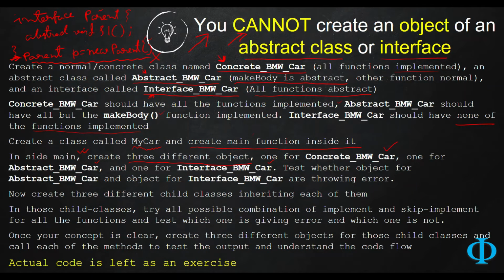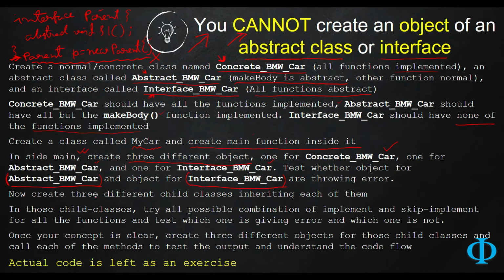Following this type of object creation syntax, try to create objects of all three: concrete, abstract, and interface BMW car, and test whether the abstract BMW car object and the interface BMW car object throw an error or not. As I have told you, you cannot instantiate them or create an object. These two objects are supposed to throw an error, so just check whether they are throwing the error or not.